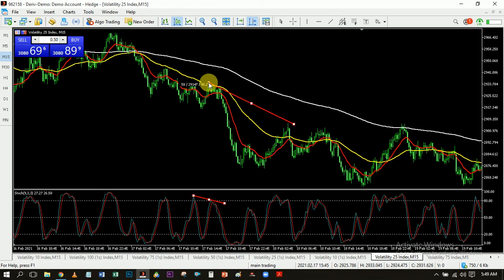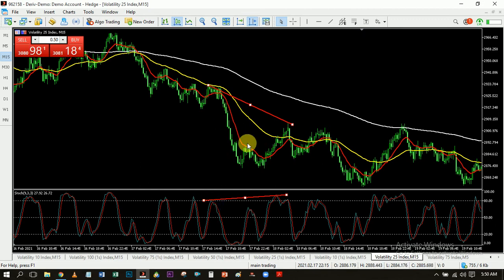You can combine these two levels here and look at this, then you can look at the corresponding level on the stochastic. So you can see this divergence here. I see this is a divergence, this is a divergence.